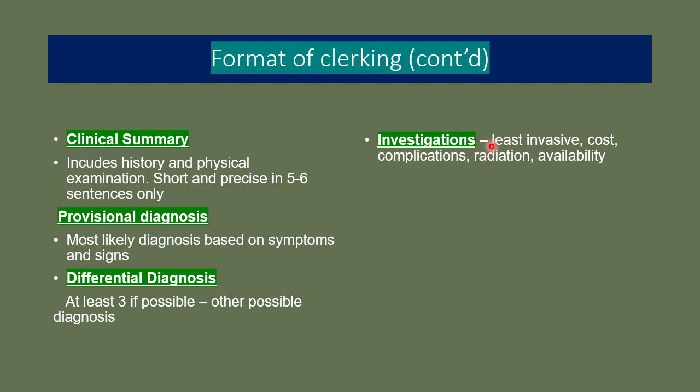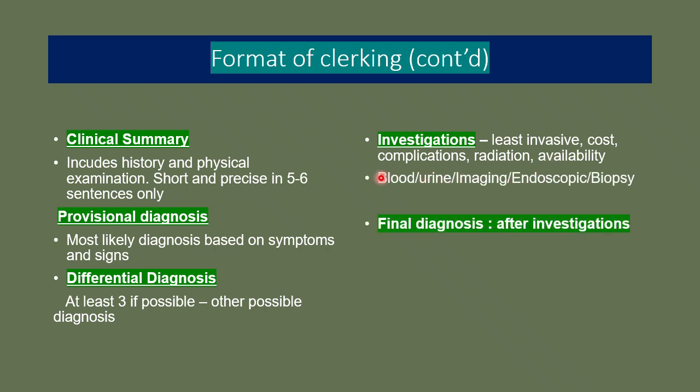It is always important to start with the least invasive, more affordable, with least or no complications, little or no radiation, and easily available. These are important things you must consider when you order your investigations.